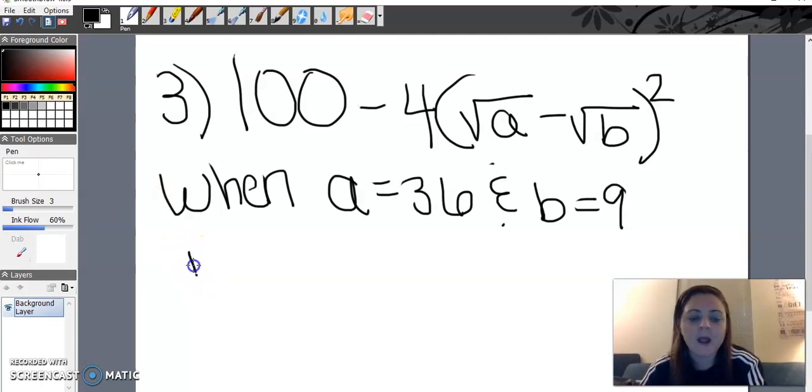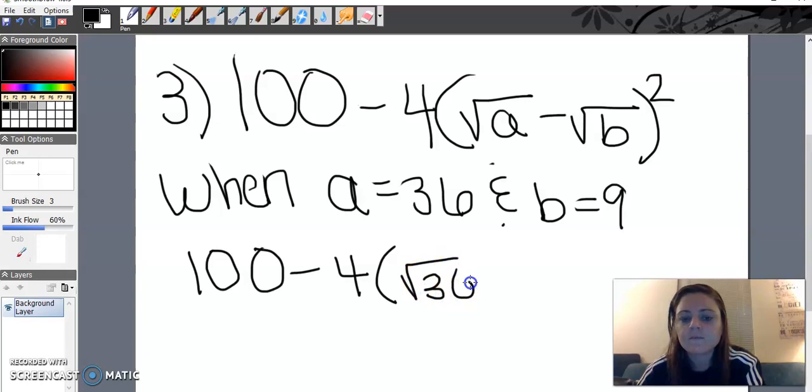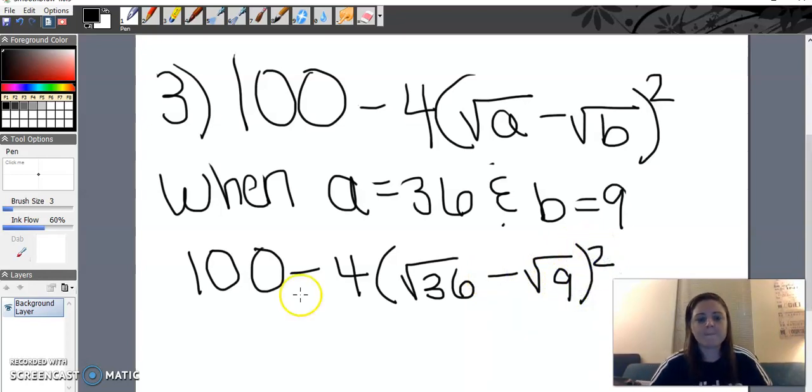So I rewrite the problem, 100 minus 4, parentheses, don't forget parentheses, the square root of 36 minus the square root of 9, close parentheses, squared.